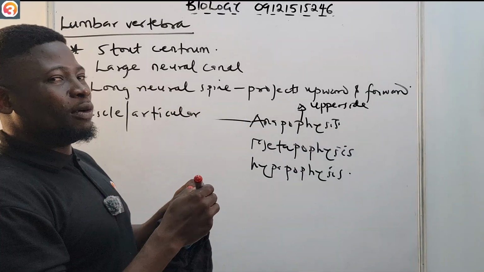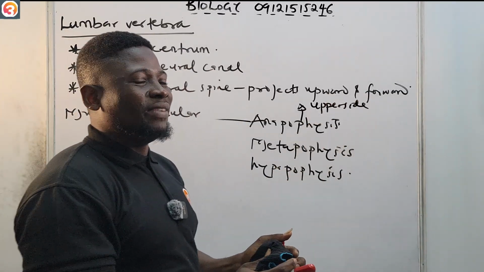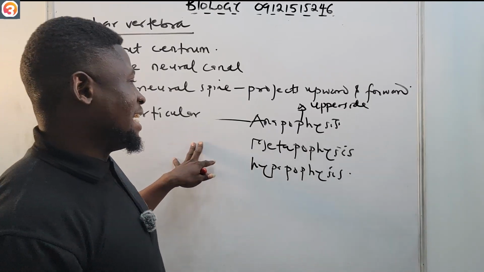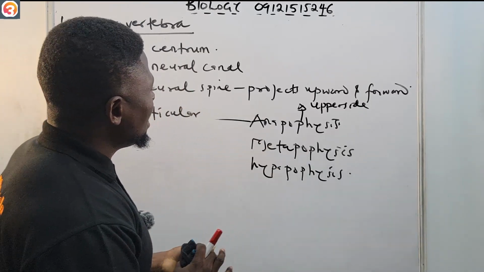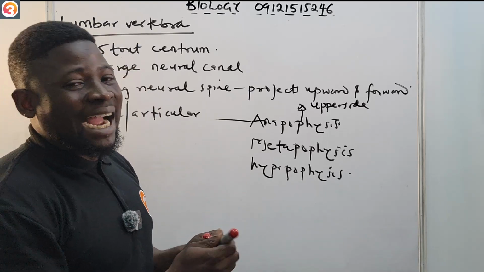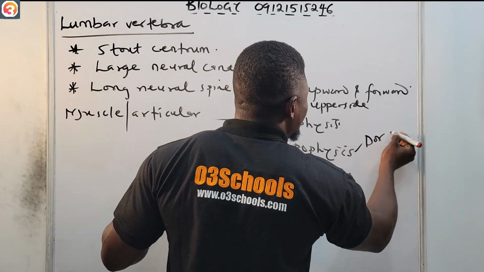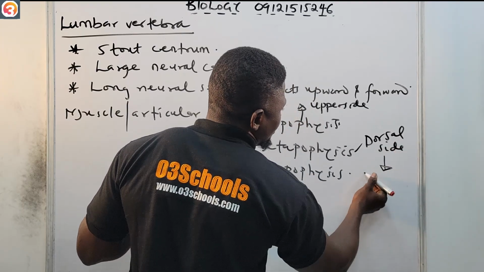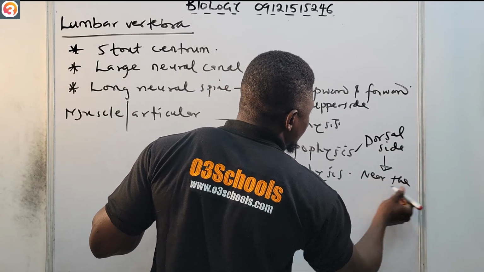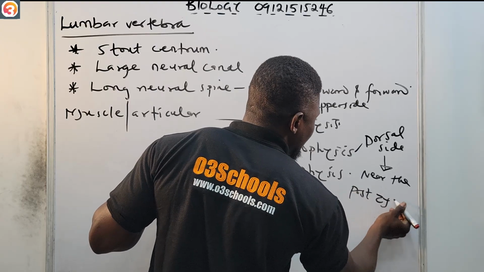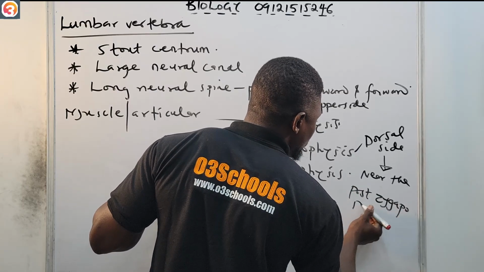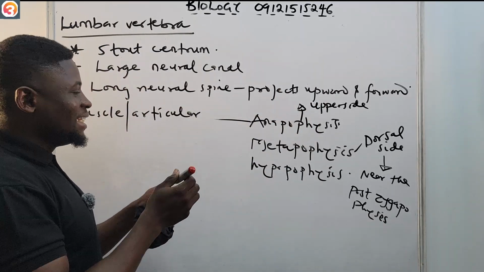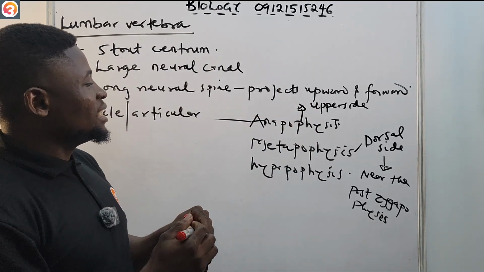That's the purpose of the anapophysis, located at the upper side of the vertebral arc. Then the metapophysis is located at the dorsal side, near the post-zygapophysis.